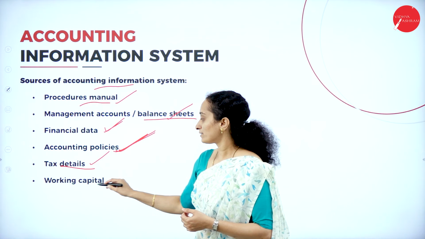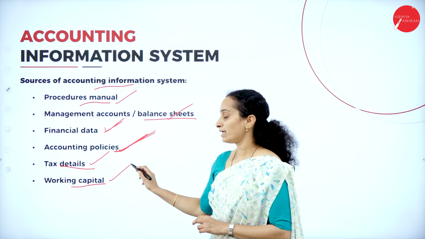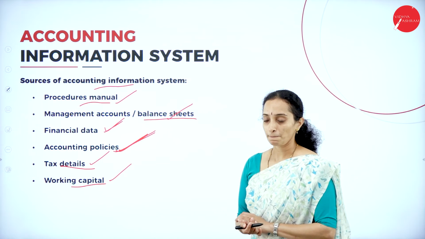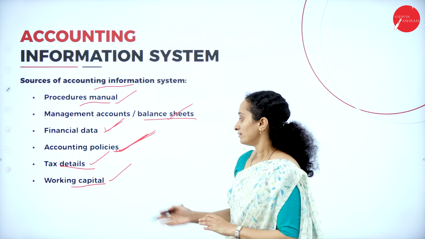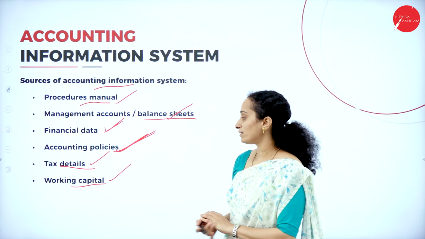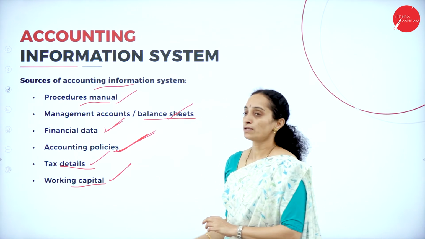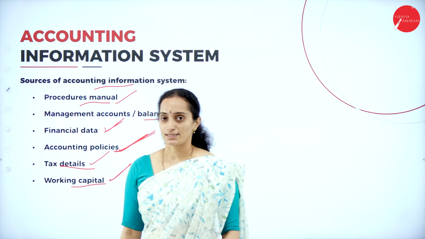And another source for the accounting information system is the working capital. You know about the working capital. What is the capital that is invested by the organization? All these things are the sources of the accounting information system.